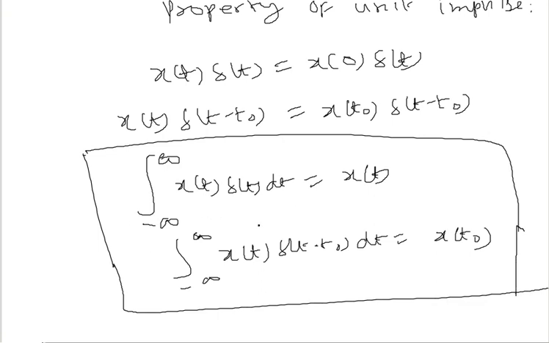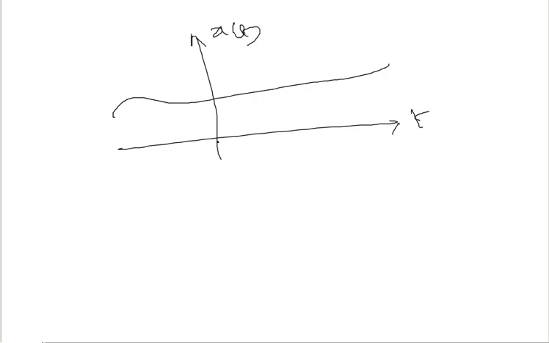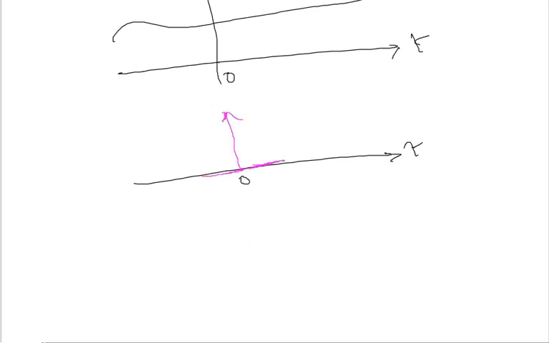What it means is that if any signal x of t is continuous at, say, t equal to 0, and you multiply this with the unit impulse signal, what we will get is the value of the signal at t equal to 0.